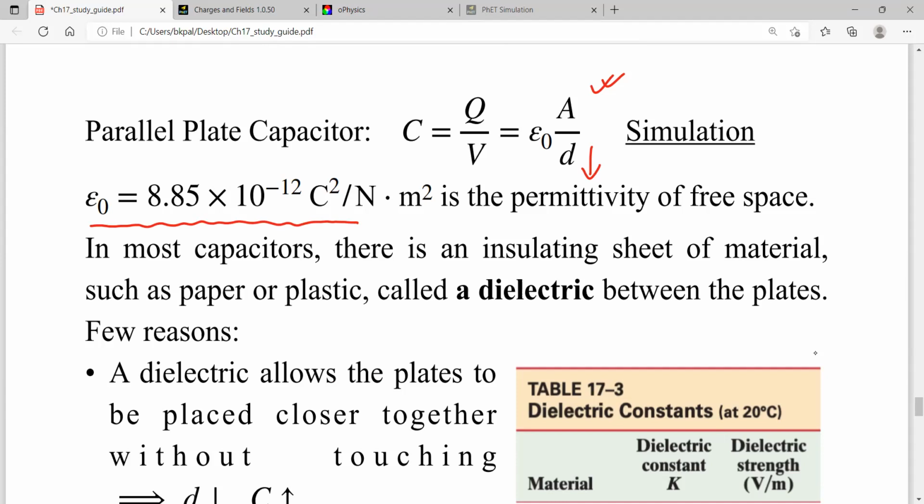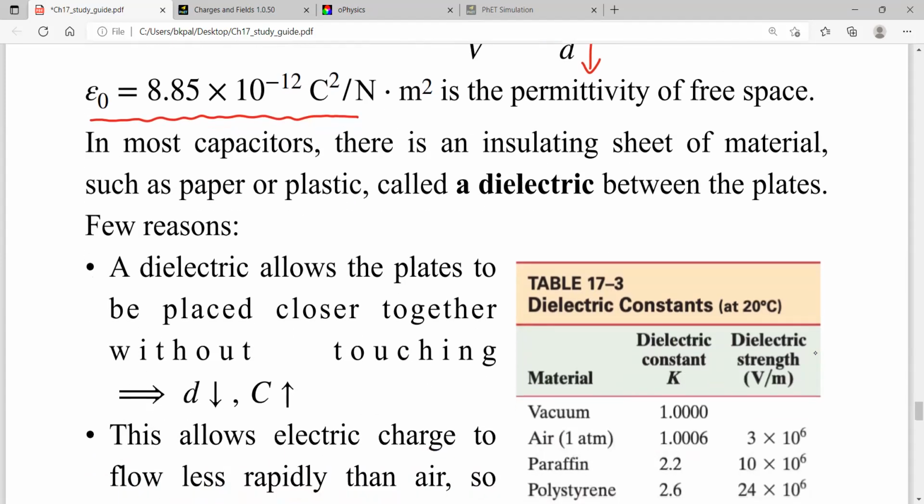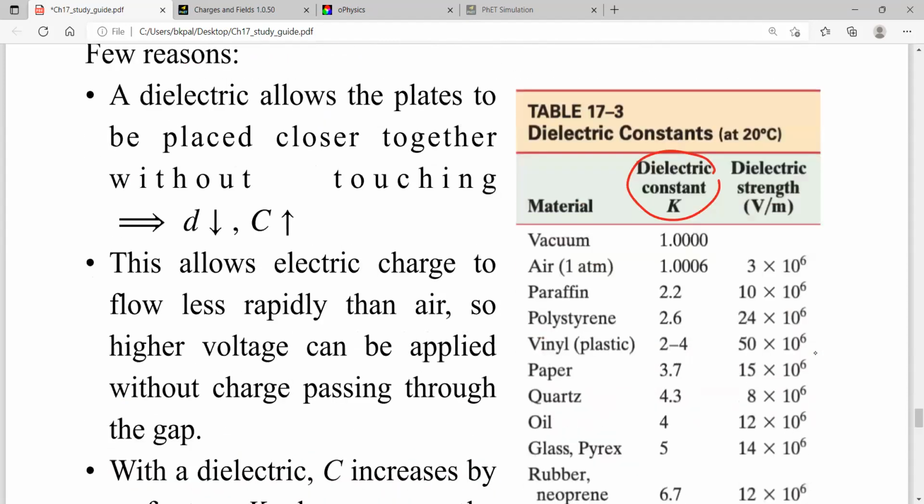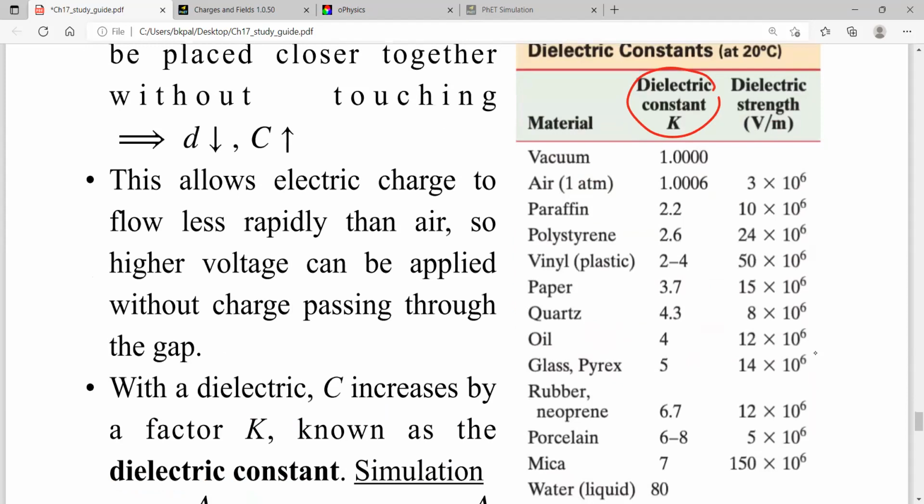Another thing we can do is inserting a dielectric in between the two plates. When you insert a dielectric, the capacitance also increases, by a factor called the dielectric constant. In this table you see a list of dielectric constants for different materials.